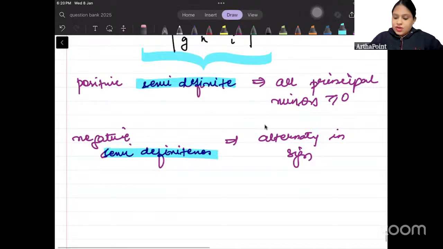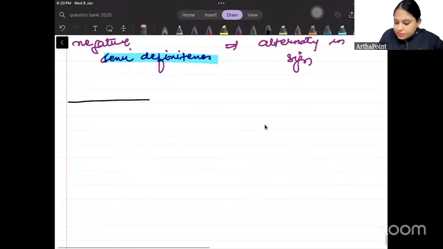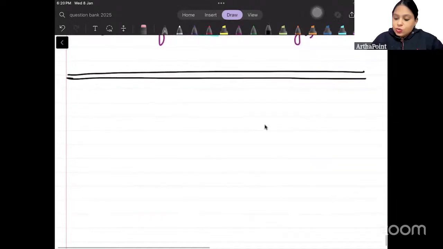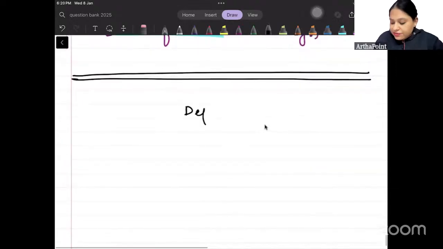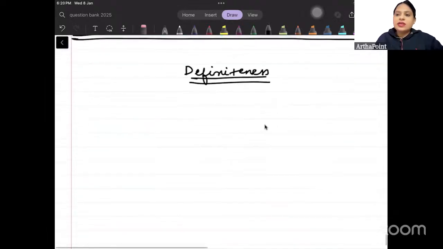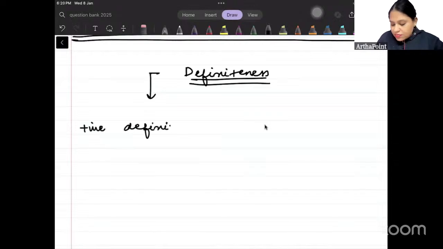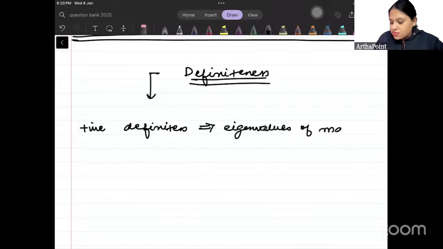Now there is another way to check the property of definiteness. ठीक है, ये सिर्फ याद रख लो एक बारी, दैट इज इनफ. एंड दैट इज दैट फॉर पॉजिटिव डेफिनाइटनेस we need that the eigenvalues of the matrix should be all positive.